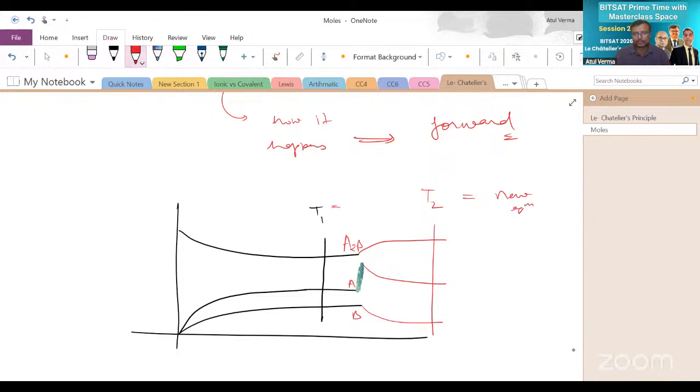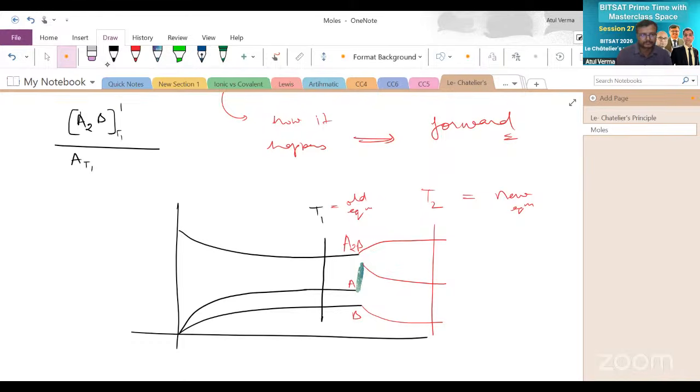T1 was the old equilibrium, and T2 is the time for the new equilibrium. What we can see, you can always be assured that, we will start with A to B. So A to B raised to the power of 1 at T1.